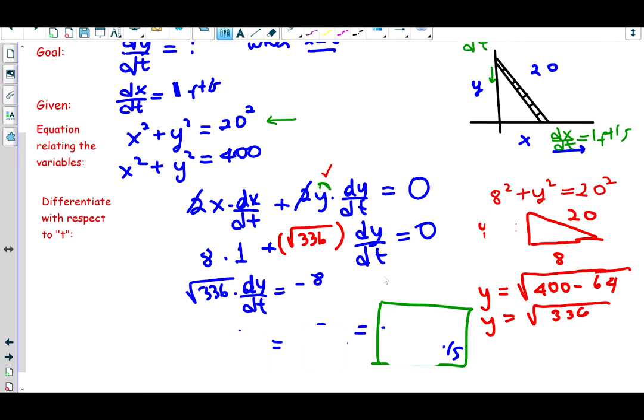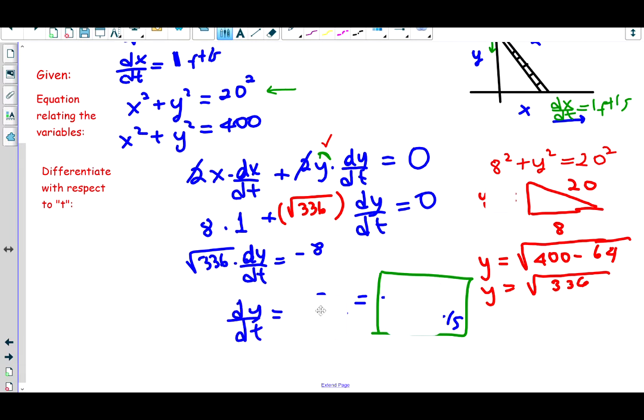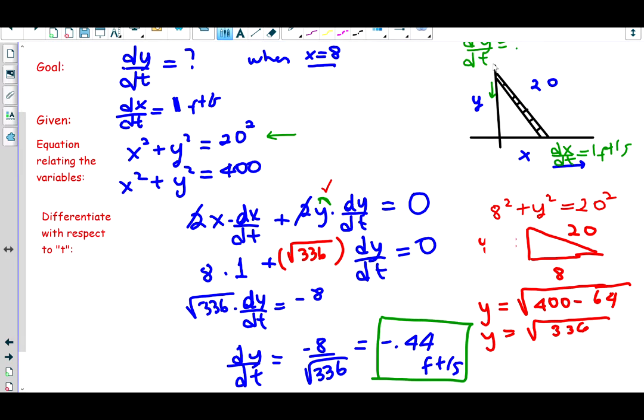So first I subtract 8 and then I divide. So dy dt turns out to be negative 8 over the square root of 336. And if you get a decimal for that, you will get roughly negative 0.44. And units for y are feet and units for time are seconds. So feet per second. And it shouldn't surprise us that dy dt turned out to be negative because again, we see that that quantity gets smaller and smaller over time.